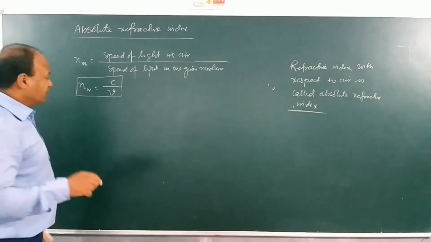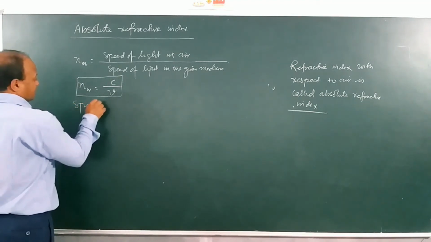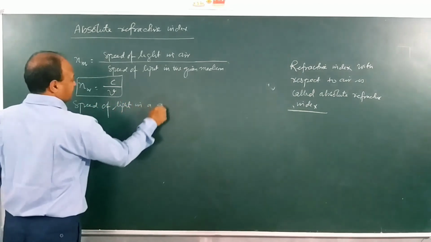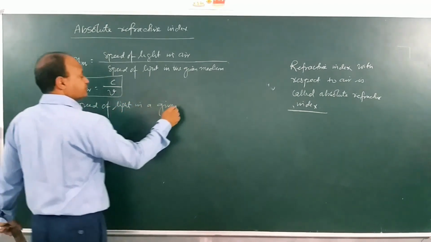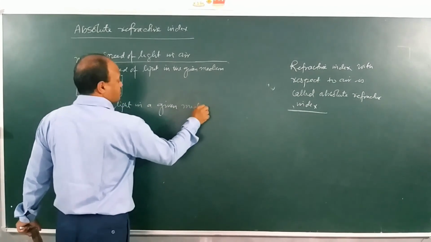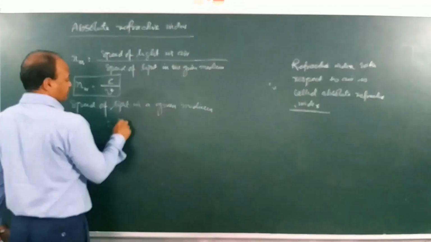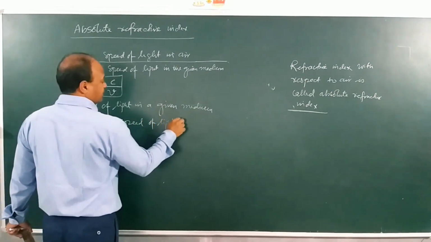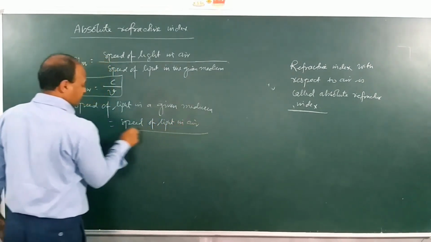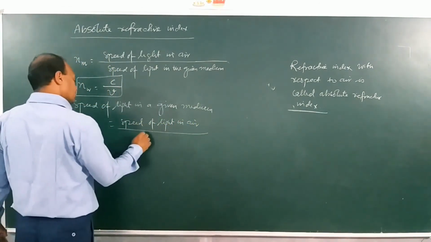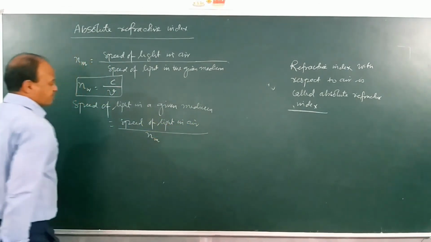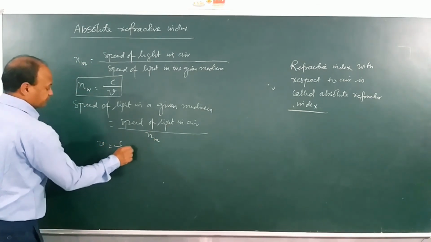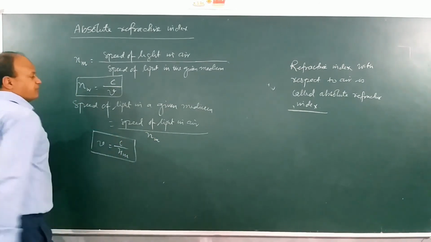We can get another formula. Speed of light in a given medium is equal to speed of light in air divided by refractive index of the medium, Nm, or V is equal to C by N. These are the formulas.